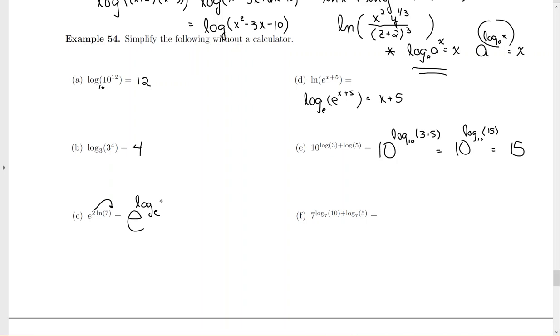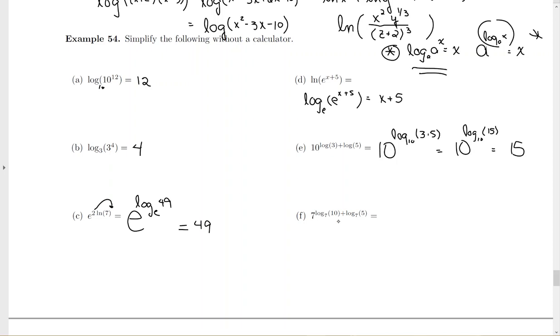Well, 7 squared is 49. So again, using our property right here, a to the log base a of x is x, e to the log base e of 49 is 49.